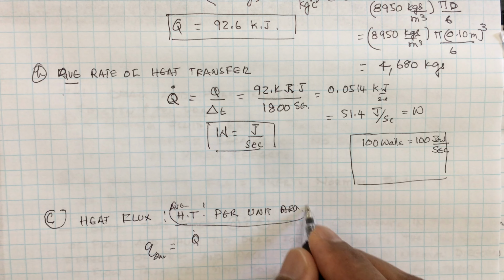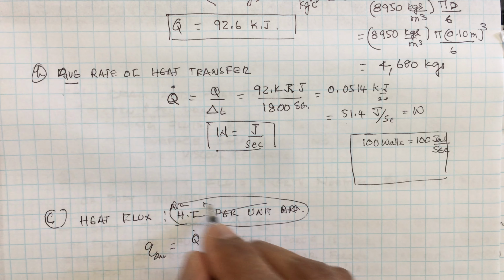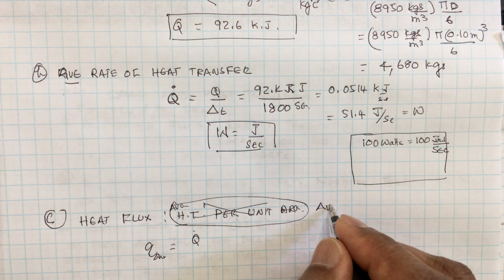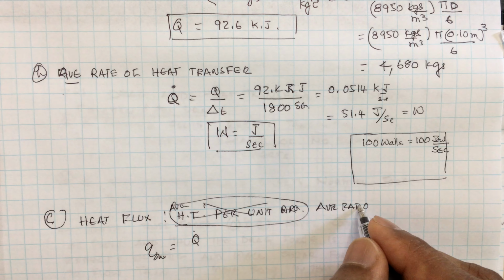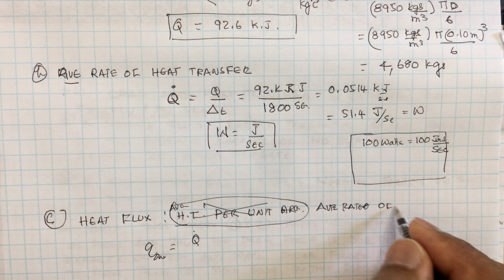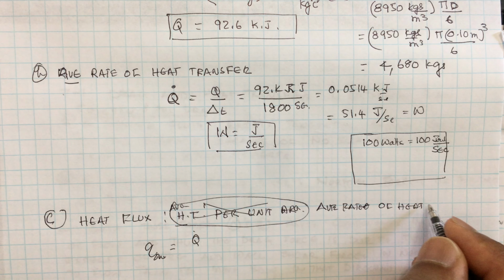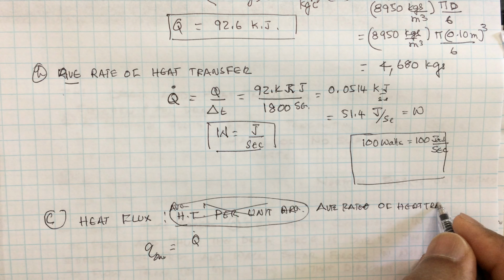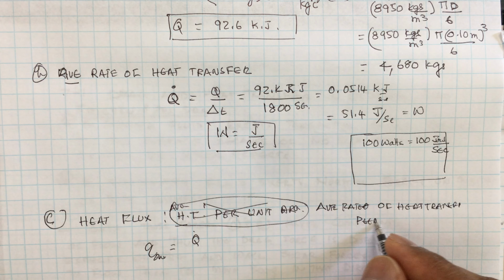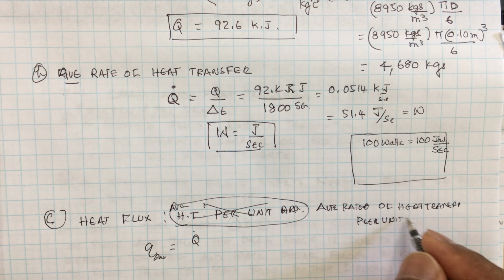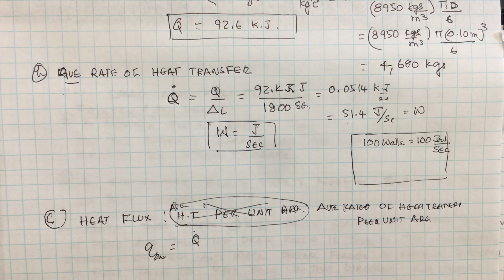So rewrite the whole thing: average rate of heat transfer per unit area. So how do we get that?